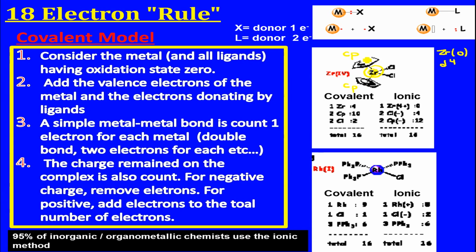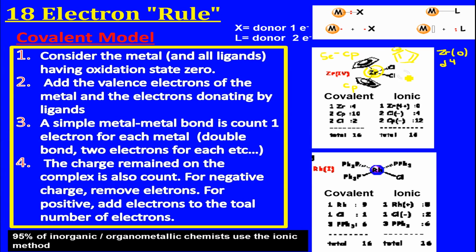The Cp in the ionic model is a 6 electron donor, but in the covalent model, Cp minus has 2 electrons and 1, so Cp is a 5 electron donor in the covalent model.